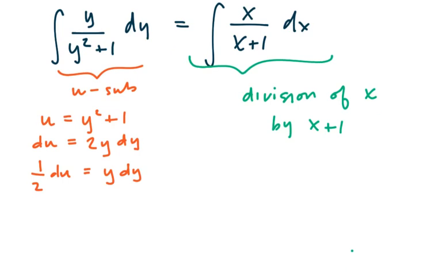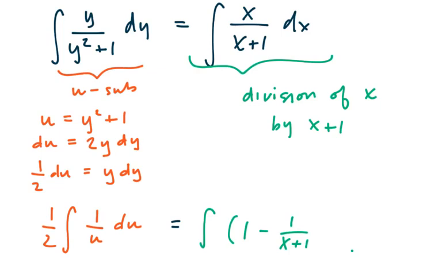The integration on the left is going to be 1/2 the integral of 1 over u du, which will integrate and we'll end up with a natural log. And on the right side, what we'll end up integrating is the integral of 1 minus 1 over x plus 1 dx.